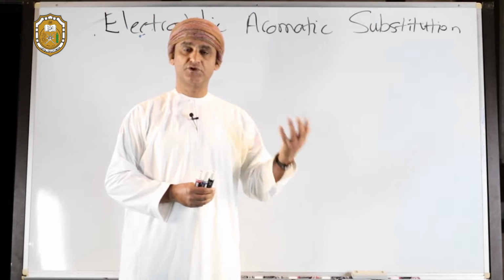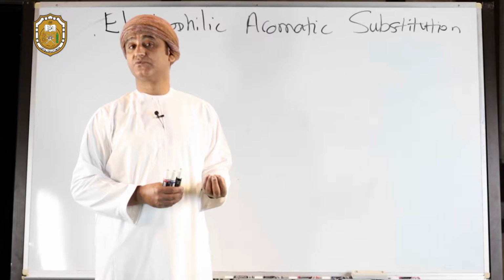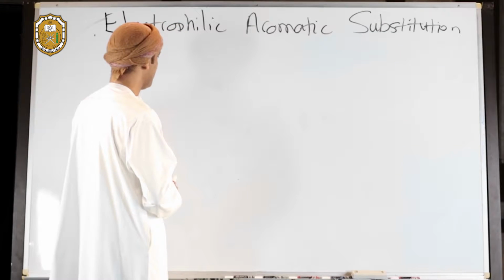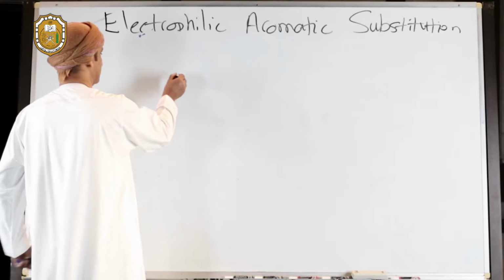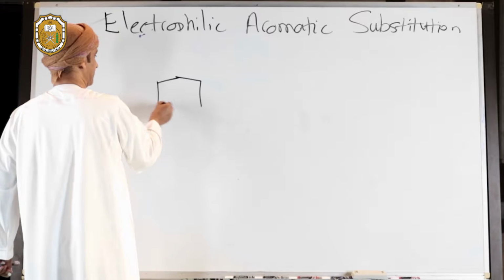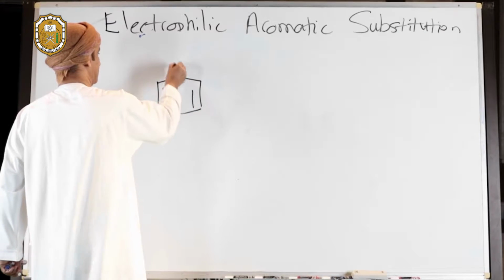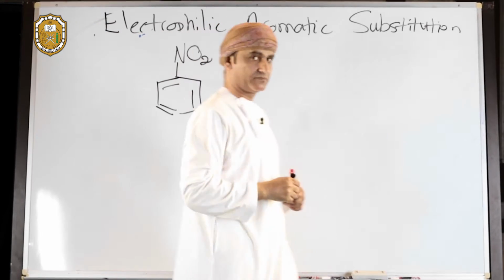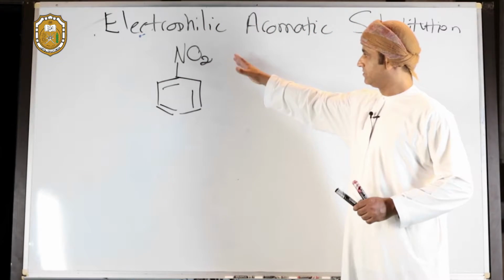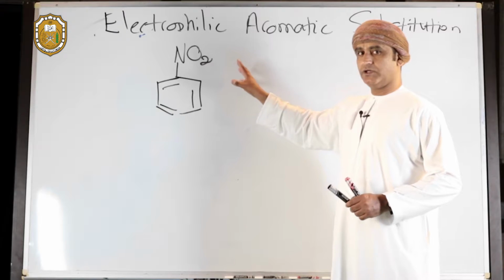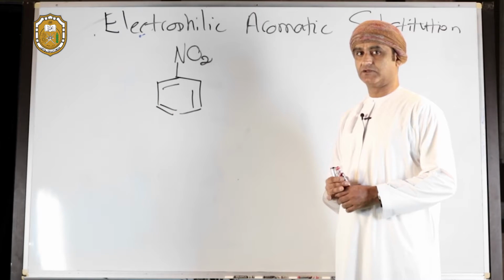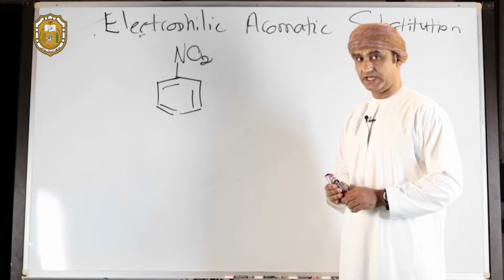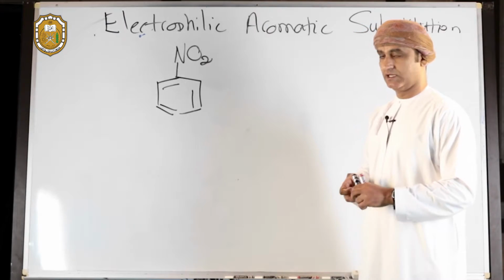Now, to complete the story, there are electron withdrawing groups by resonance. So let's take examples of that type. This is nitrobenzene. In order to understand the electronic effect of the nitro group, we should be able to draw a proper Lewis structure of the nitro group in this nitrobenzene structure.